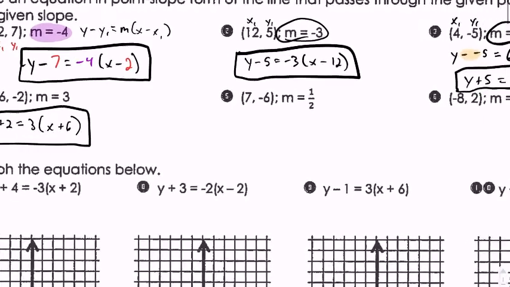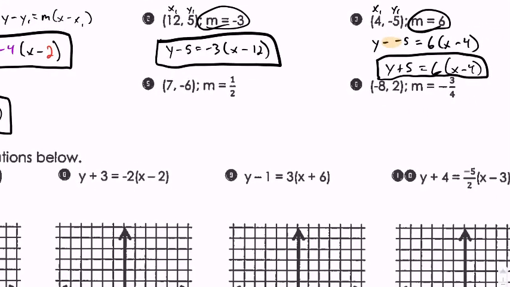Okay, so if you look at number 5, same thing. The y1 is negative 6. So, oops, sorry about that. Thinking about point-slope form here, that's going to be y plus 6 equals your slope times x, and since it's a positive 7, minus 7 in your equation.